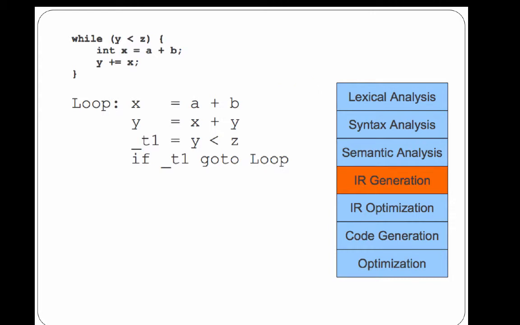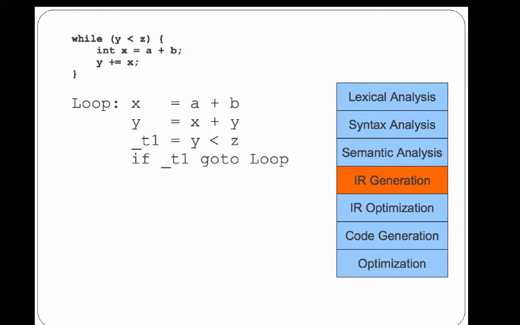The point I'm trying to illustrate is that each of these statements is fairly close to assembly code or machine code for some processor, but they're also high enough level that they're convenient for doing various other kinds of reasoning.